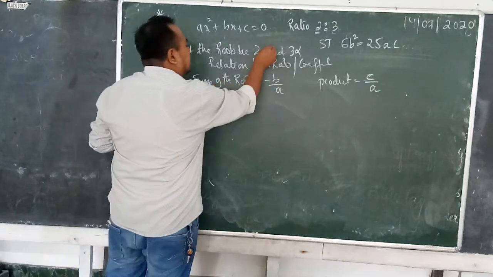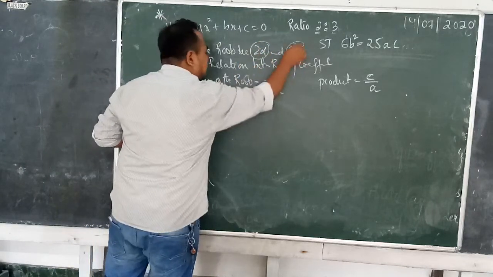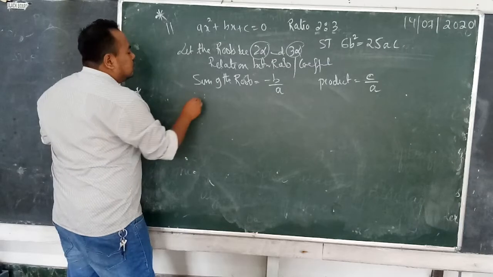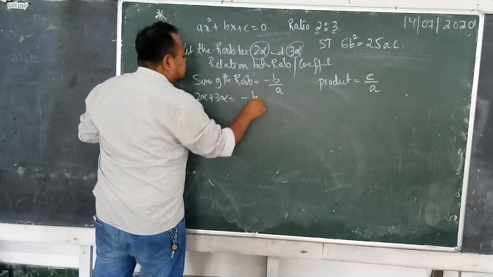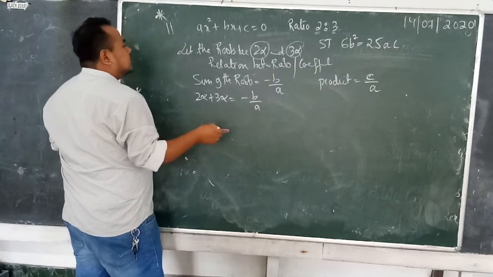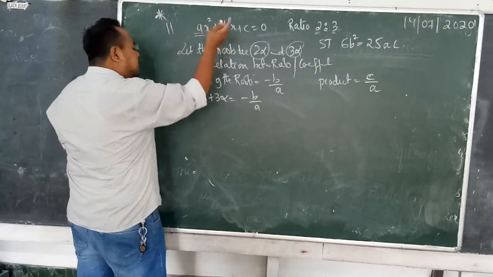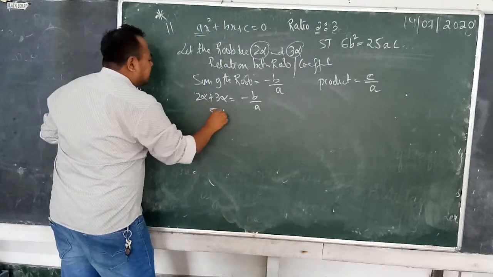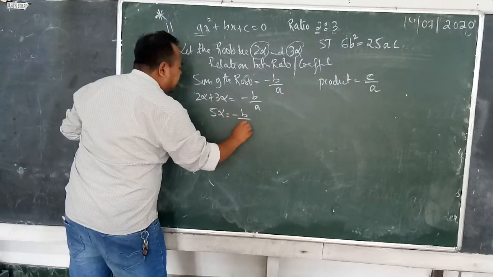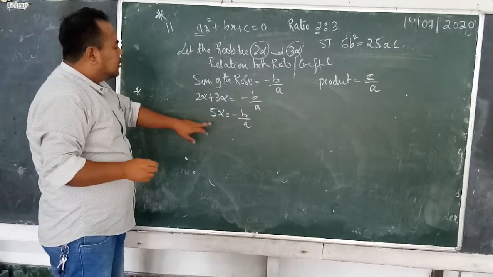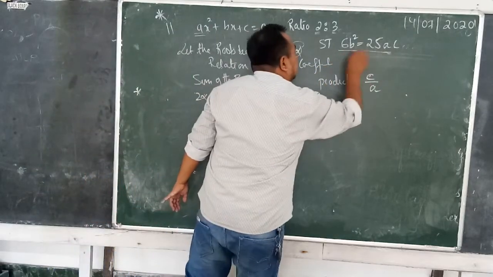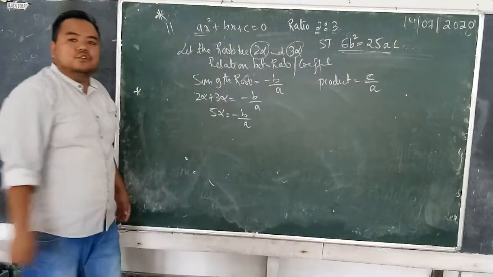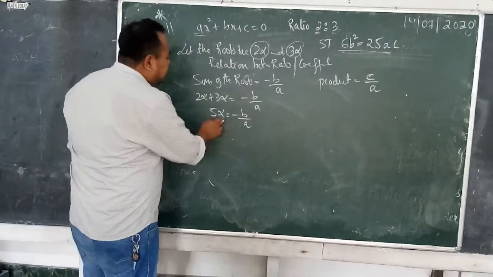Sum of the roots means I need to add these two. So you get 2 alpha plus 3 alpha equal to minus b by a. The values of b and a do not change because this is a standard equation. So what do I get? 5 alpha equal to minus b by a. Got it? So this is the first equation. But in the proof, do you see alpha? That means the root is not there. So we need to eliminate alpha.